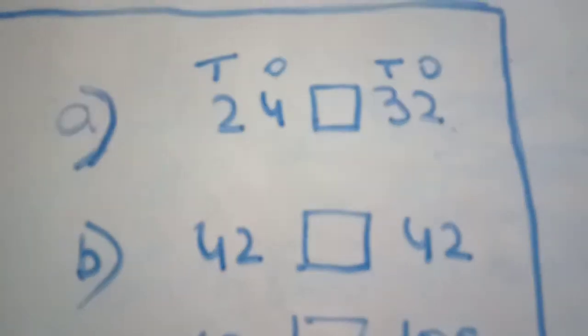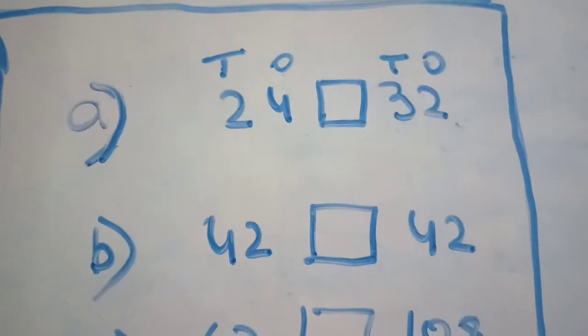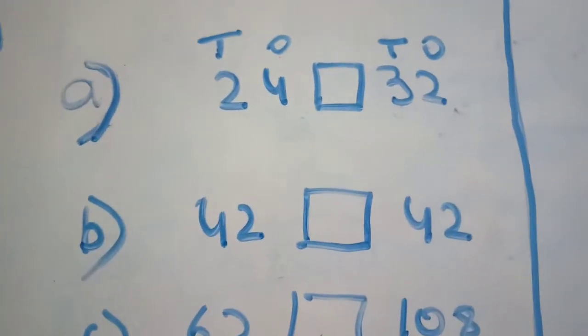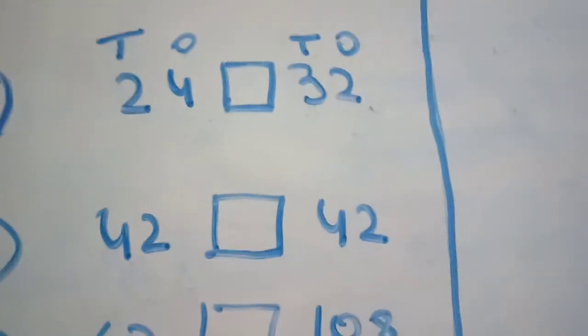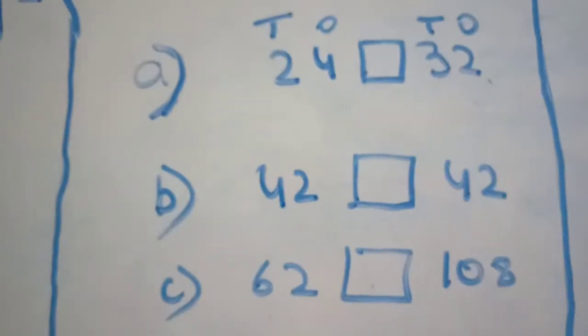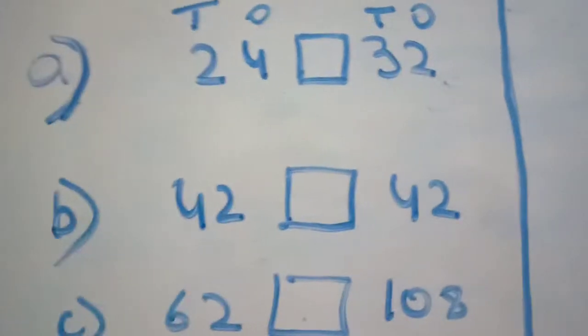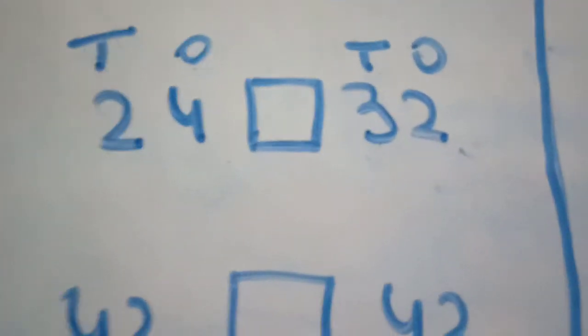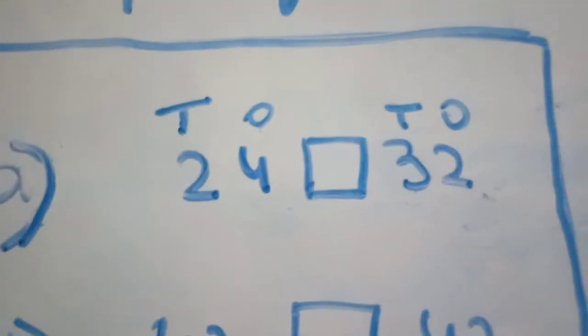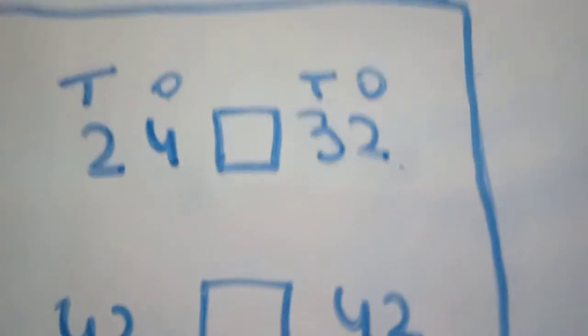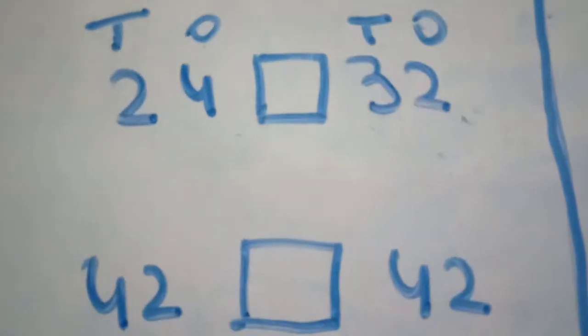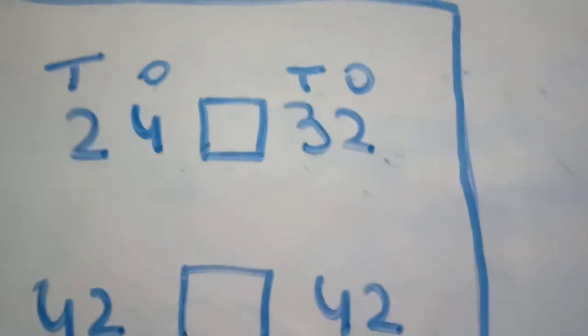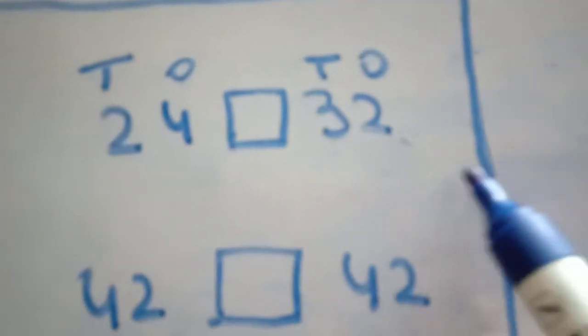So friends, now we did them. Now we are having some examples, and I want you to solve these. Let's get started. First, 24 and 32. As we can see, 2 is smaller than 4, but 24 is not yet bigger, because we also have to look at the tens place.